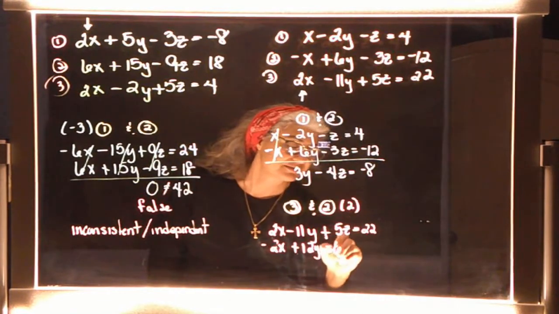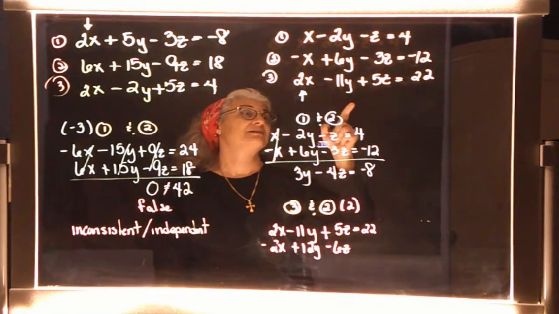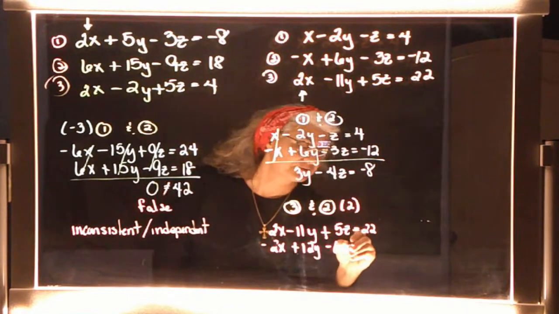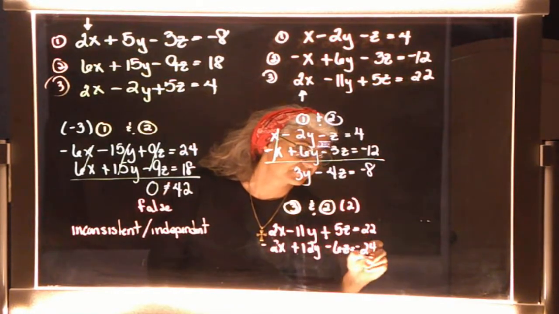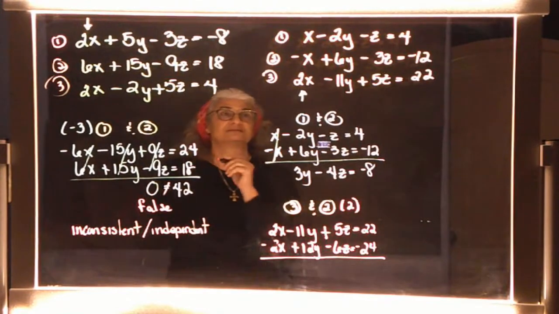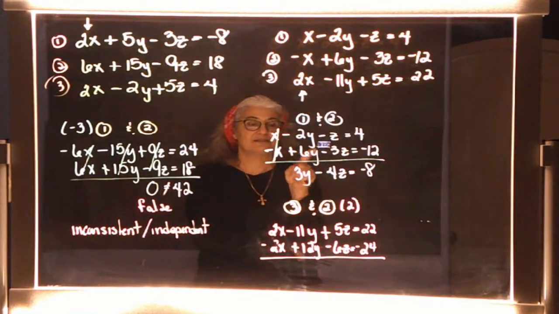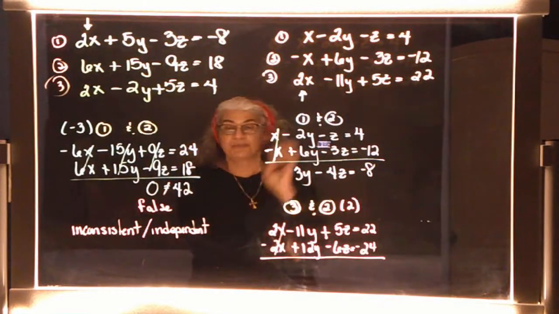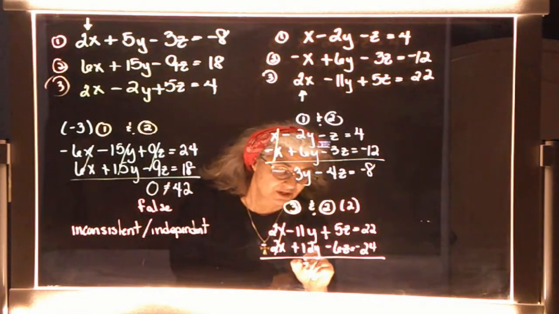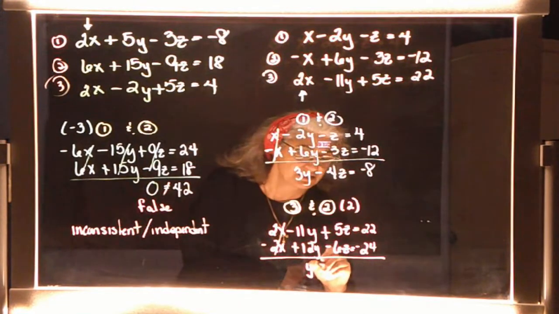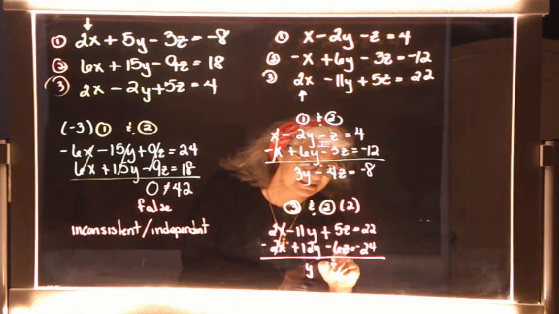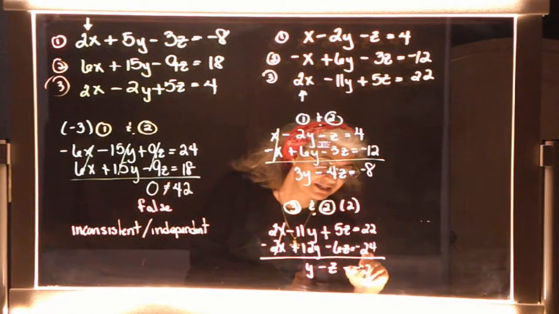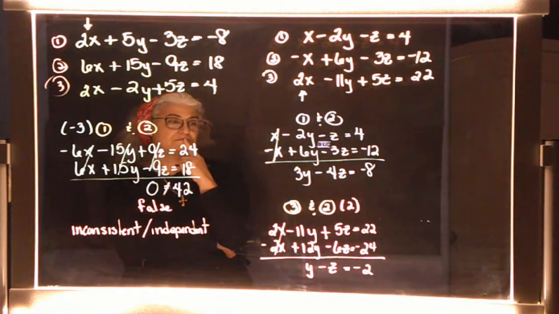Negative 6z and negative 24 equals. Did I get that straight? Let me do a quick double check. Negative 2x, positive 12, negative 6. Okay, add them together, right? They drop out. Yay! Y, let's see, minus z equals negative 2. Cool?